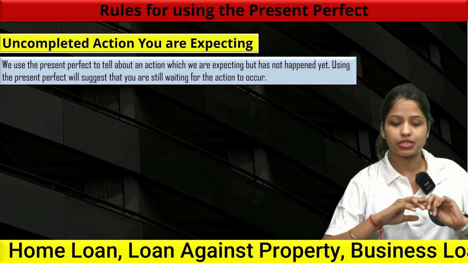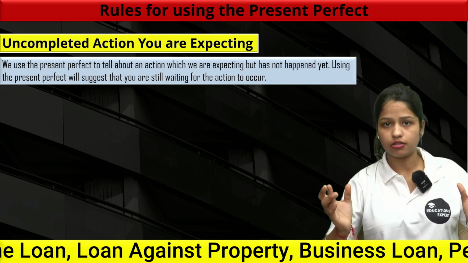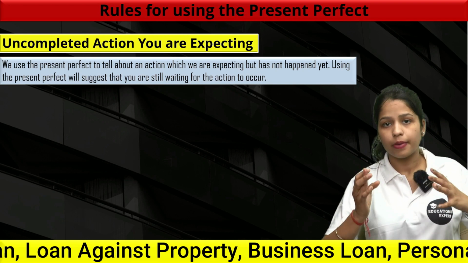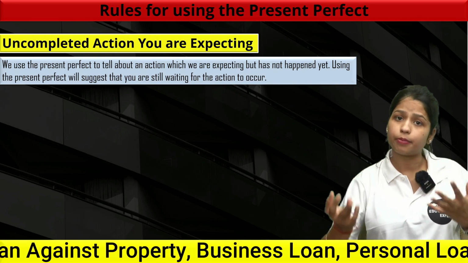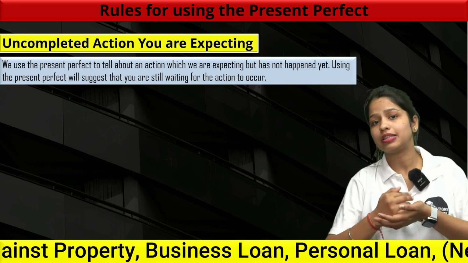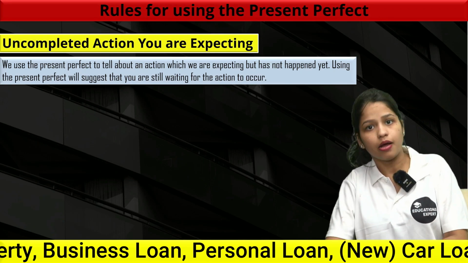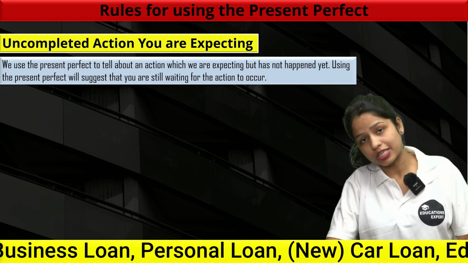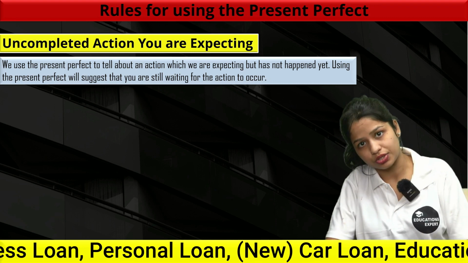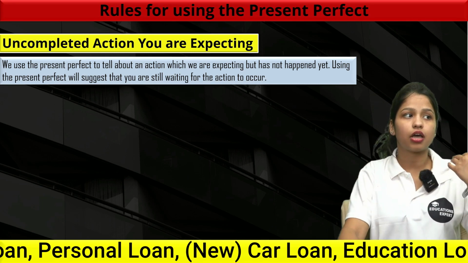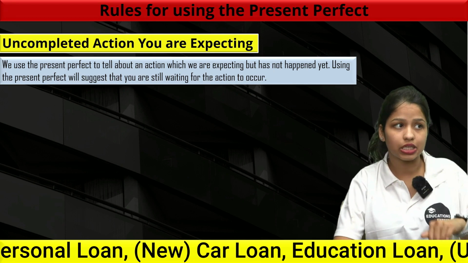For example, we have decided that an action will be happening, but that is an uncompleted action. You are expecting that this action will be completed at this particular time period, but it does not complete with your expectation, right? So this is how you can use present perfect tense.